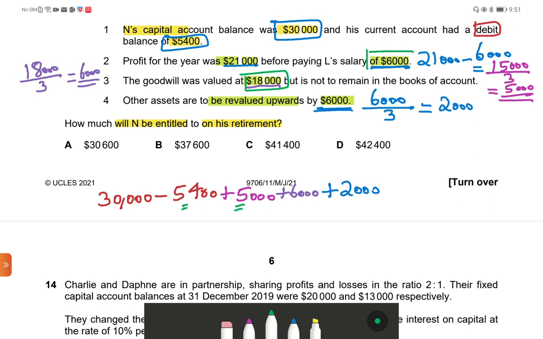He is leaving the firm. So 18,000 into 1/3, 6,000. Then revaluation profit 6,000, 6,000 into 1/3, 2,000. The total amount he has to get is 37,600. Correct answer is option B.